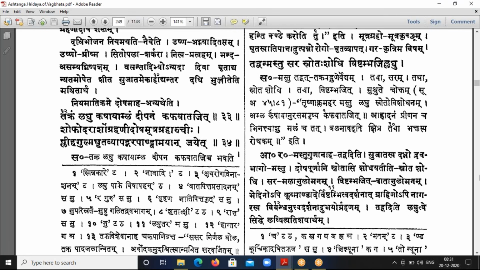Sometimes you do not take any of the butter but churn the curd, the Dhi, for some time, not allowing the butter to settle up. So that way also is one method of making Takram. Accordingly, the quality of the Takram changes. The properties of the Takram change.